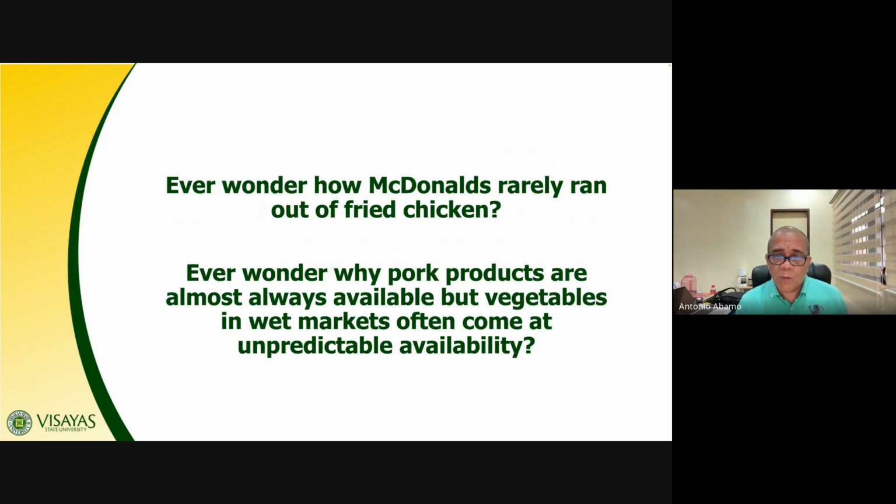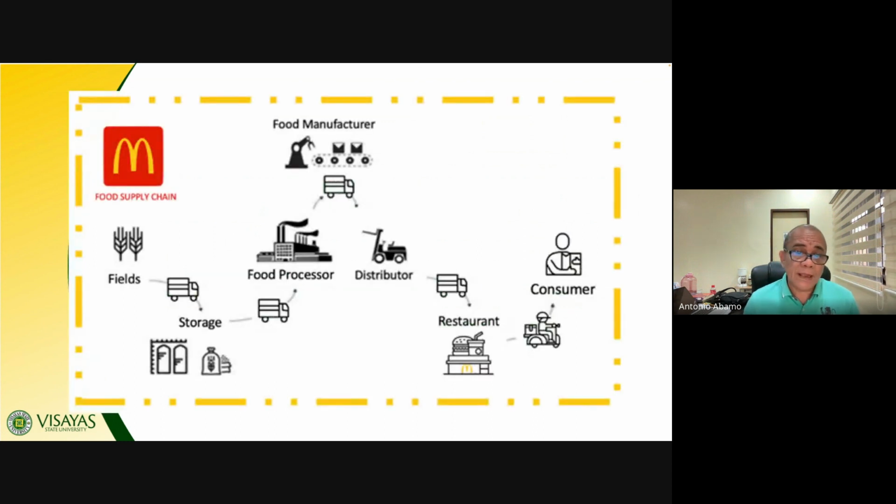Or have you ever wondered why pork products are almost always available, but vegetables in wet markets often come with unpredictable availability? So these are the things where the supply chain management or supply chain concept will come into play. So something like this, no?